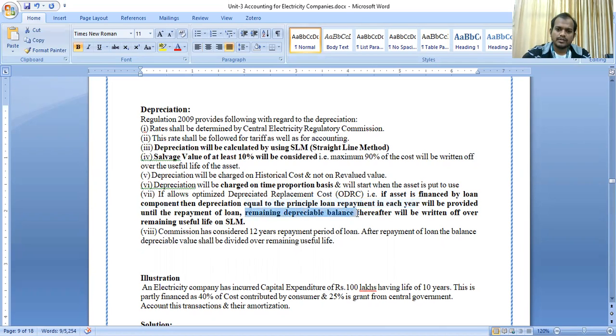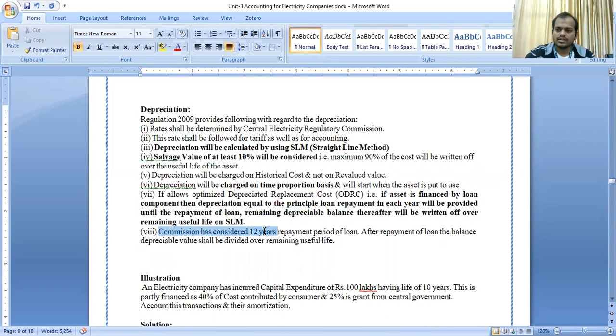The remaining depreciable balance thereafter will be written off over the remaining useful life on straight line method. Everything we have to calculate on straight line method.